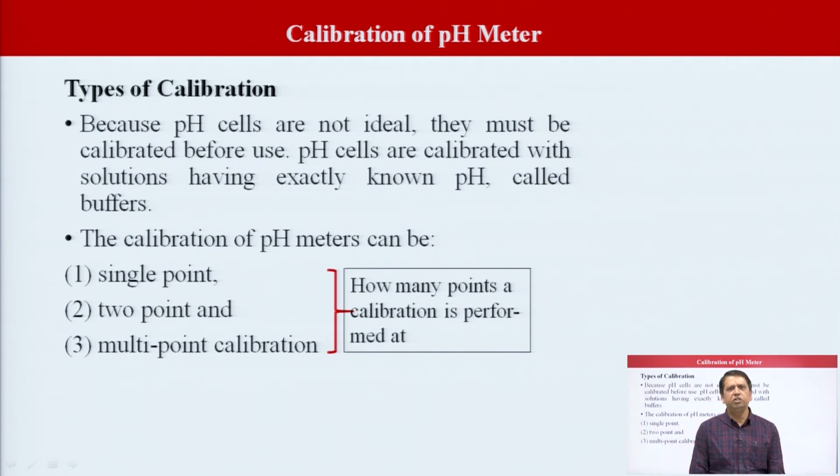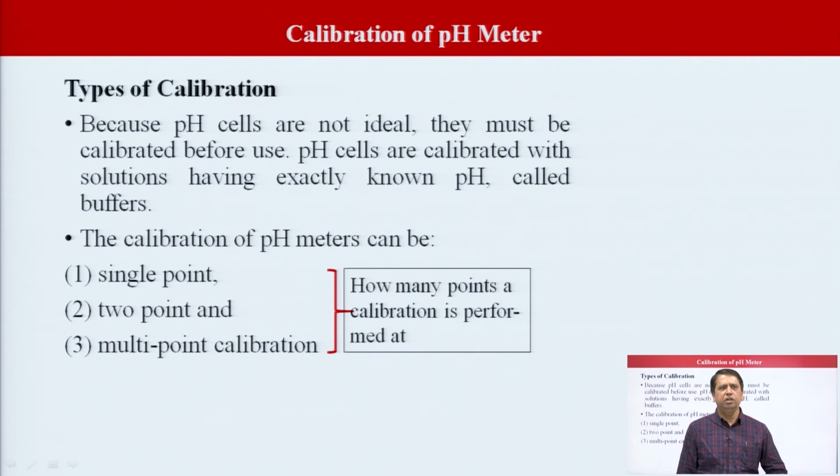And the calibration of pH meters can be a single point, 2-point, or multi-point calibration. So, basically single point, 2-point as well as multi-point calibration represents how many points a calibration is performed at.